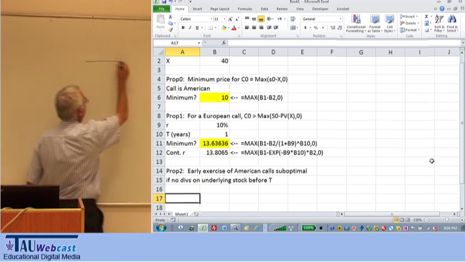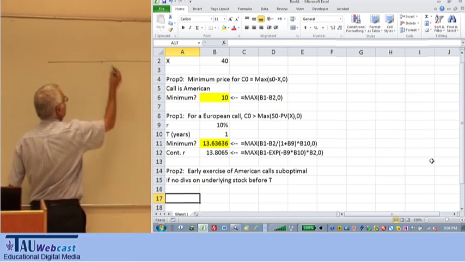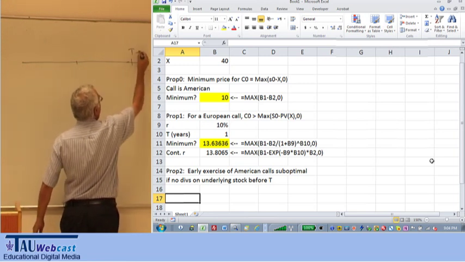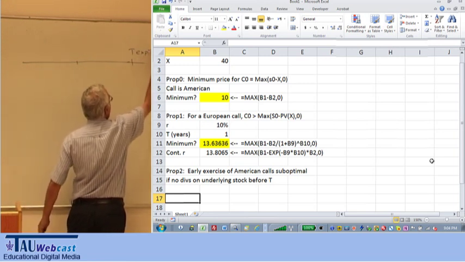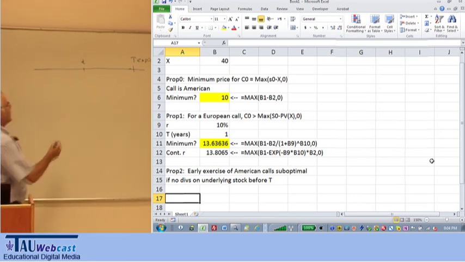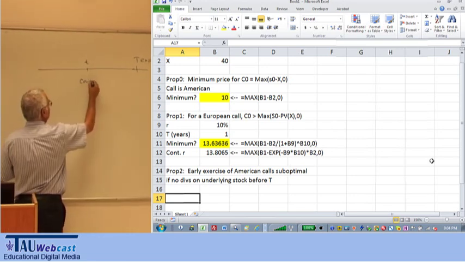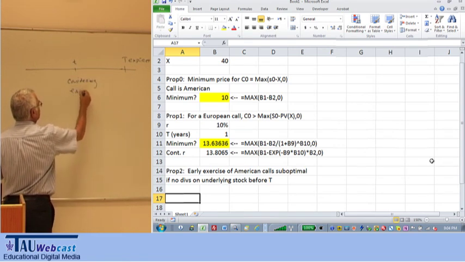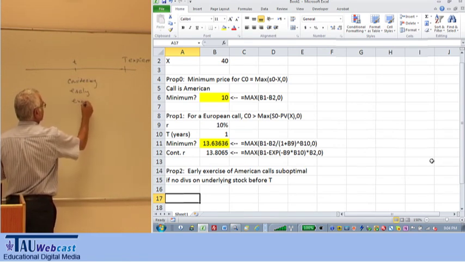So the proof goes something like this. You have an option. It expires at time T. And at time little t, which is before time T, you're considering early exercise.